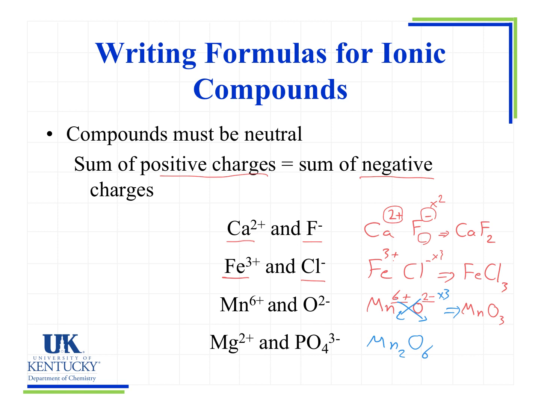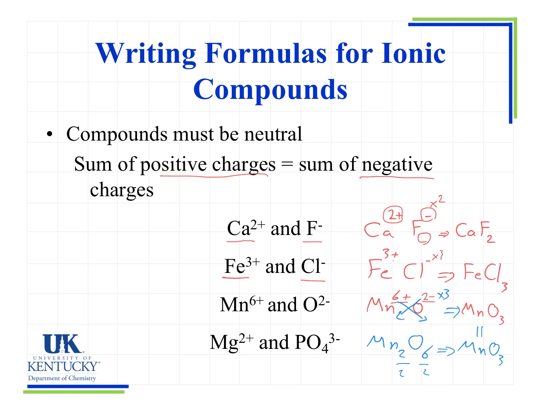Therefore, we cannot have 2 and 6. If we can divide by a common factor, which is 2, then we divide both of these by 2, and we have MnO3. You see, we have the same result.